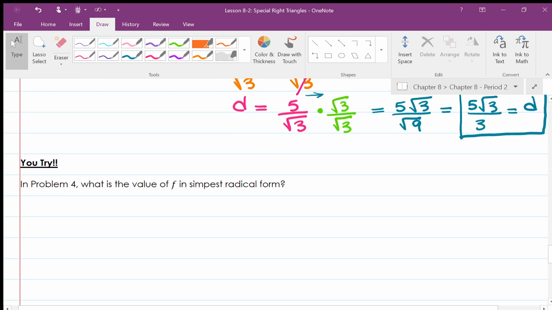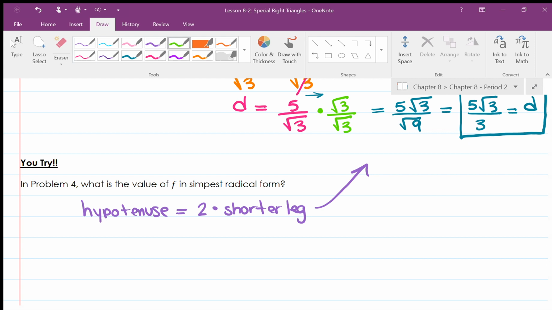But it does make things a little bit easier because we did already find the shorter leg, which is going to help us. So we know from our theorem that our hypotenuse is equal to 2 times the shorter leg. And we already found in the previous problem that our shorter leg was 5 radical 3 over 3.